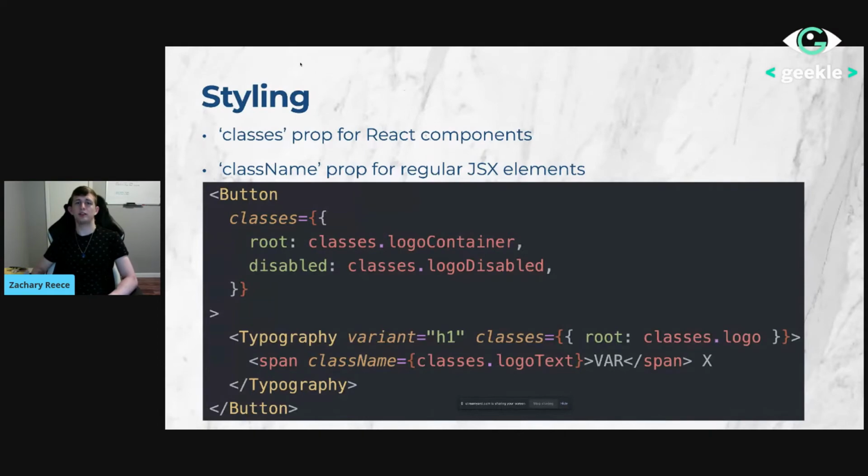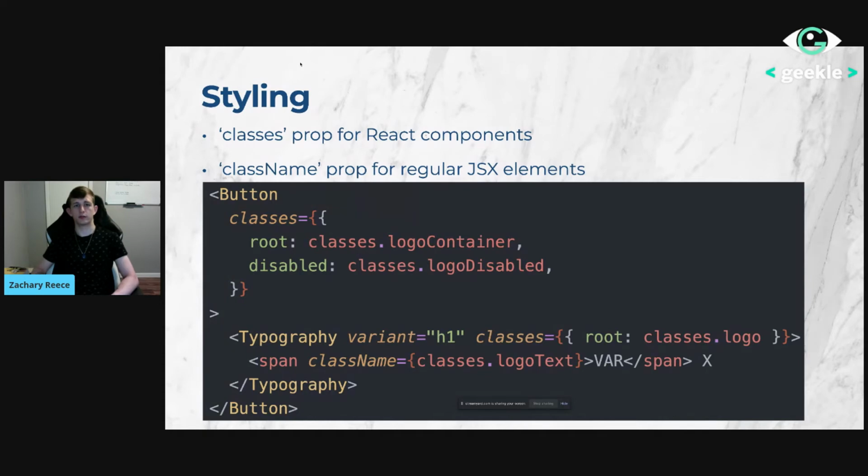You can even only apply certain classes when the component is in a certain state, such as being disabled. Now, they also provide complete documentation on all the classes that each component has available for you to overwrite. That's under the component API section of the documentation. So that gives you all the overwrites that you might need for customizing your components.